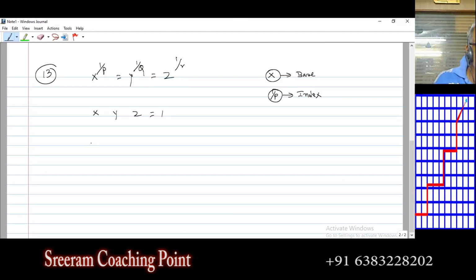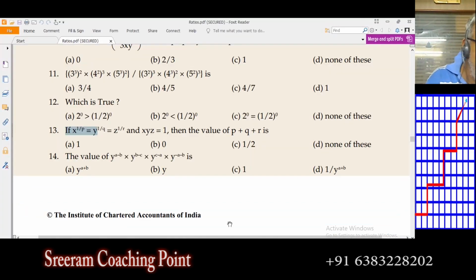We are asking what is the value of p plus q plus r. This is what the question is all about. How do we crack this problem? It is an objective type question. The first alternative is 1, second is 0, third is half, last is none of the above.